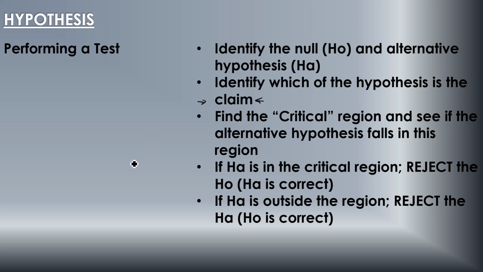So we're going to actually use the phrase, the evidence does support or the evidence does not support a claim. So we're going to find the critical region using our inverse norms, and then we'll either reject the claim or not reject the claim.